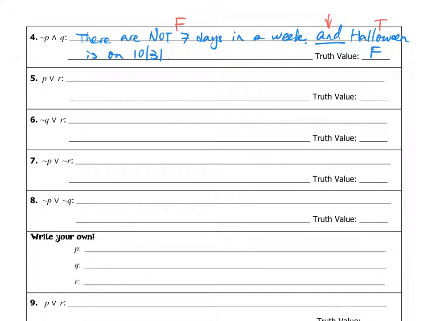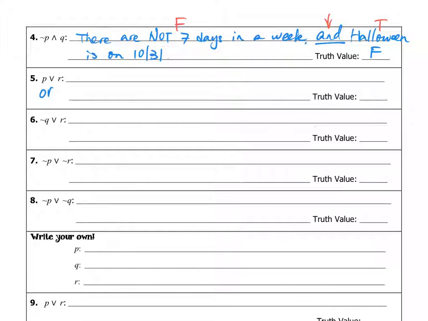So number 5, let's look at number 5. I have P is what? P is there are 7 days in a week. And now we are making a disjunction, so that's an or. That's an or here.